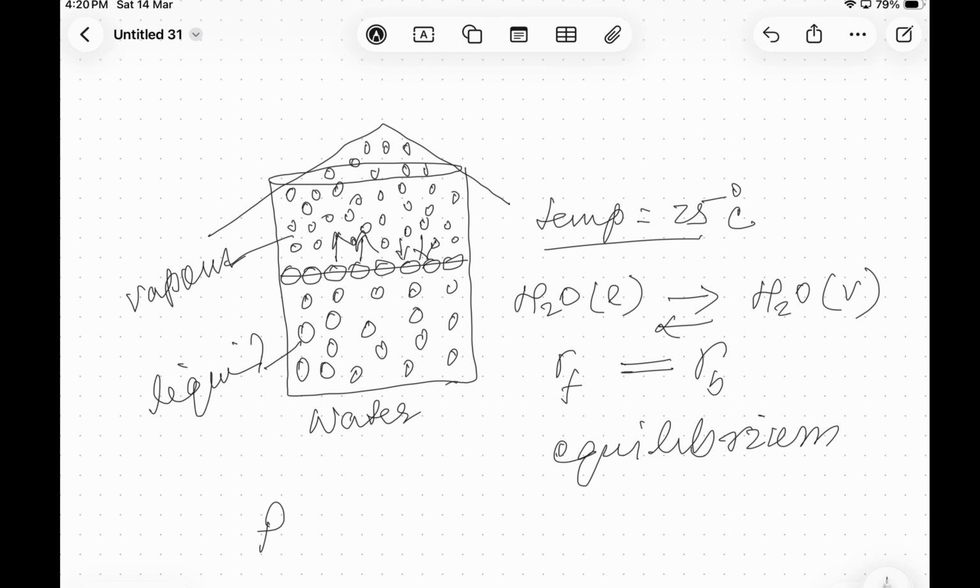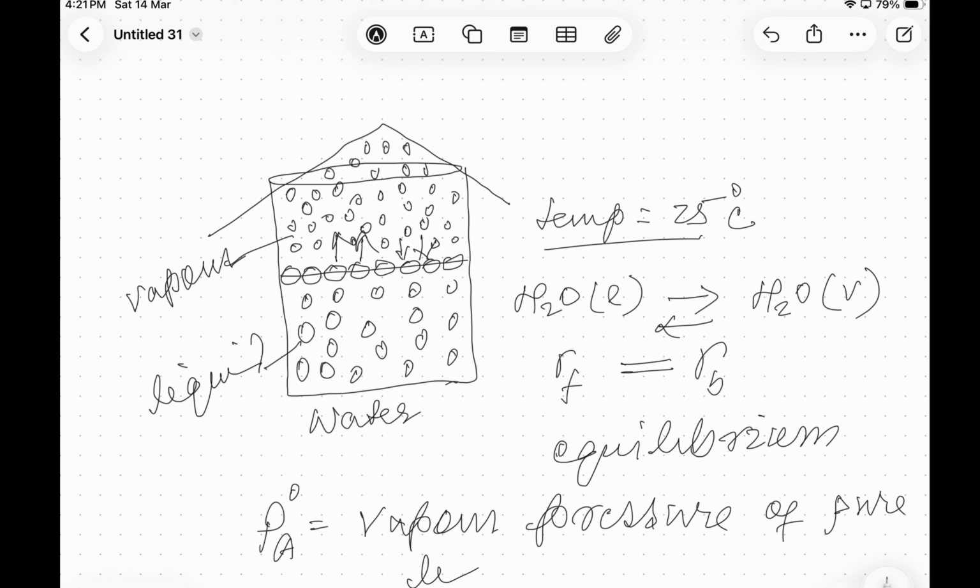Suppose this is PA naught, the vapor pressure exerted by vapor over the surface of pure liquid. Therefore, in equilibrium state at constant temperature, the pressure exerted by the vapor over the surface of liquid is called vapor pressure.